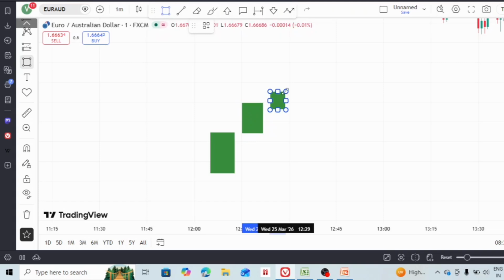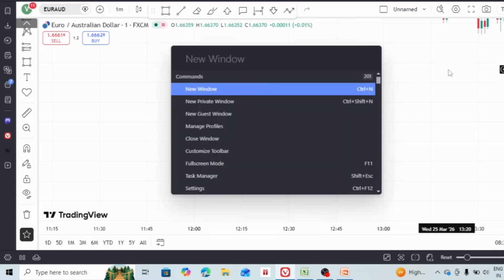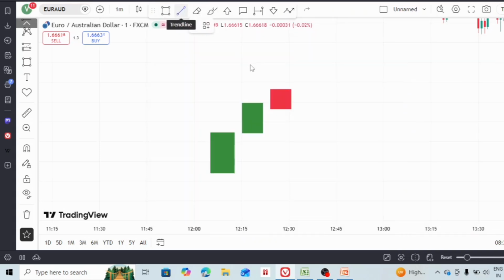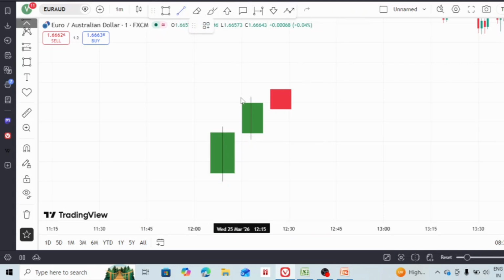So this is the candle right here. Let me give this one the red color. I will just give the wick here. So this is the candle here, then we have the candle here, and the candle here, and then it has broken the previous candle by the body or the wick, it doesn't matter.